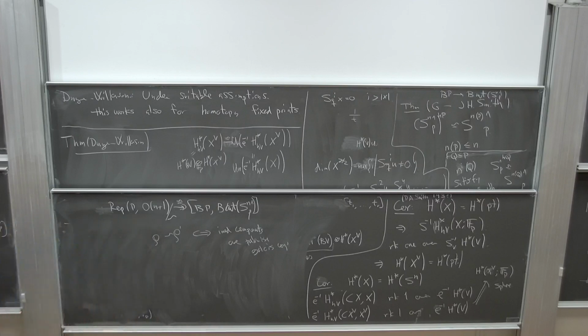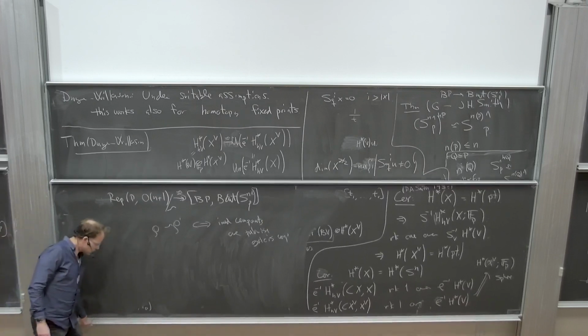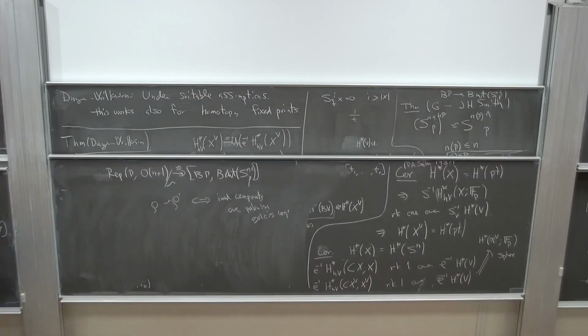Yes? There's an action of cohomology on homology, and so you could phrase in principle the localization theorem for homology. Is this true? You invert, like in the sense of modules, instead of rings.